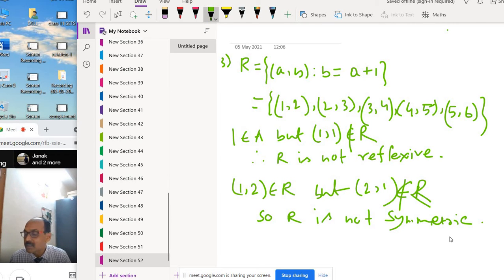Now the third condition, is it transitive or not.